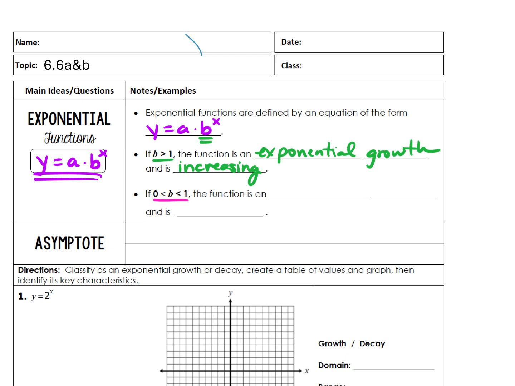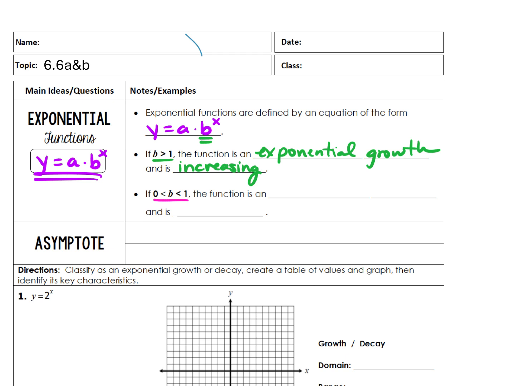Any number between 0 and 1. How about 1/2? Is that a number between 0 and 1? Can you give me another one? 0.1, 1/10.